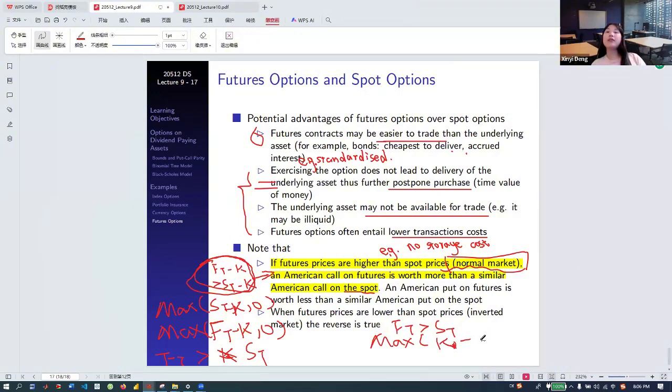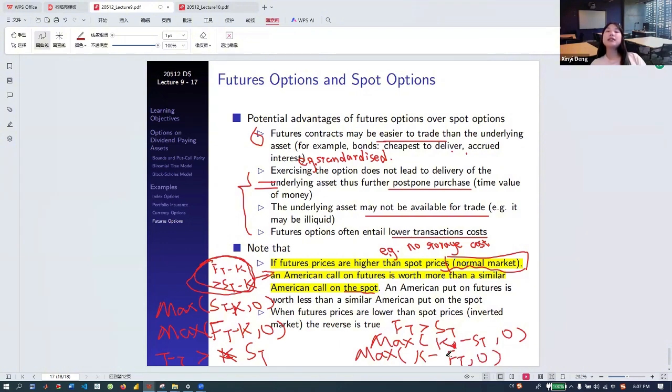For regular put options on the spot, that's the maximum of K minus ST or 0. And for futures options, that's the maximum of K minus FT or 0.